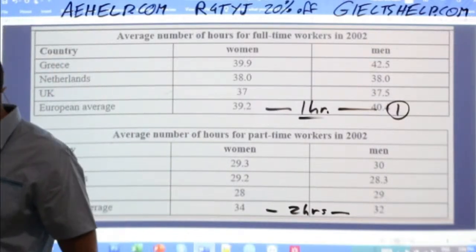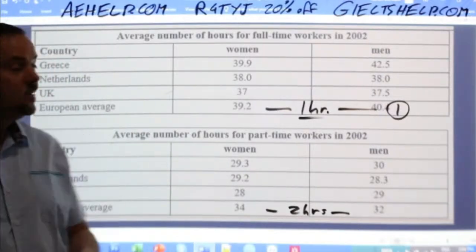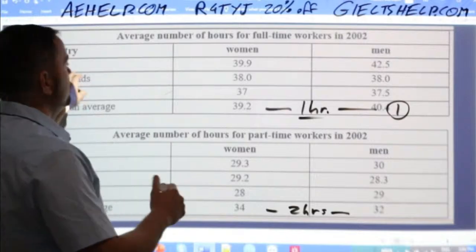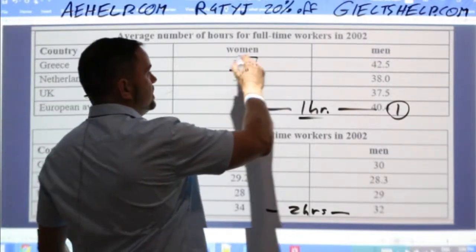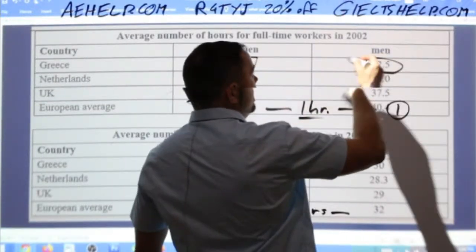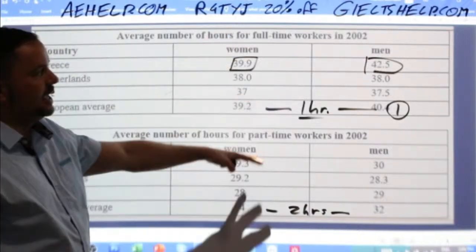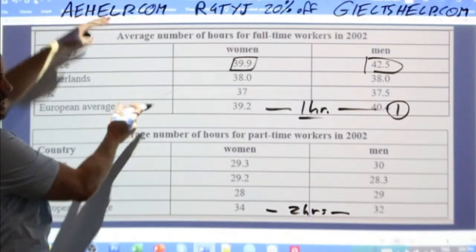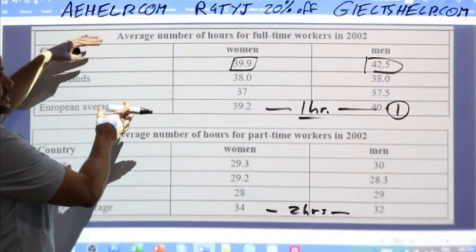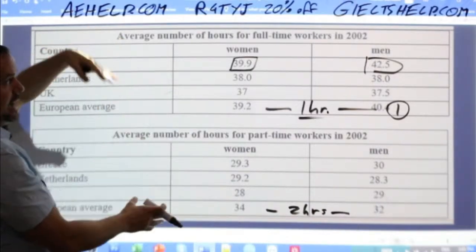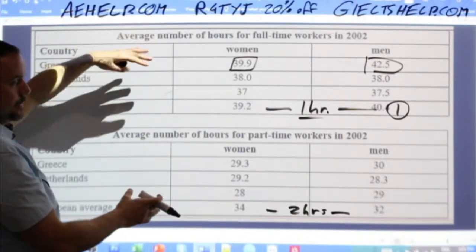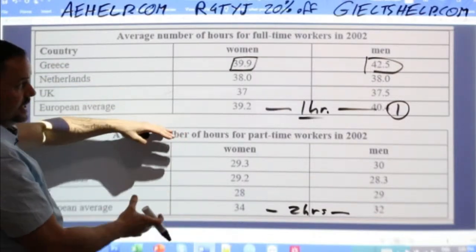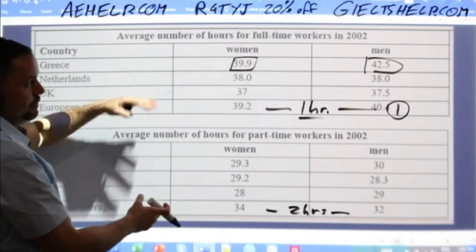Okay, so Hassan says, clearly we can see that the highest numbers for full-time is in Greece, right? So when you're looking at tables, students always think that the top table, so this is your first table, this is your second table. First table full-time, it's probably higher level of importance than the second table, so you should start with the top, not the bottom.